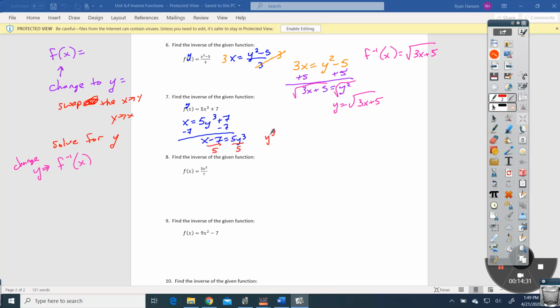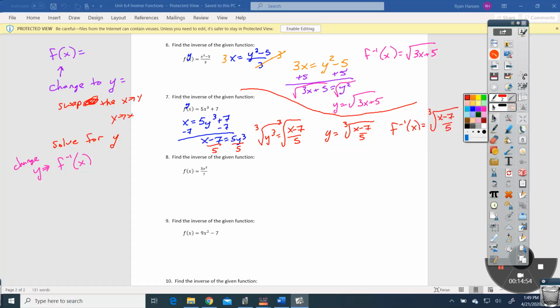So now I have y cubed equals x minus 7 over 5. Now I cube root it. So y equals the cube root of x minus 7 over 5, where the inverse of f is the cube root of x minus 7 over 5.